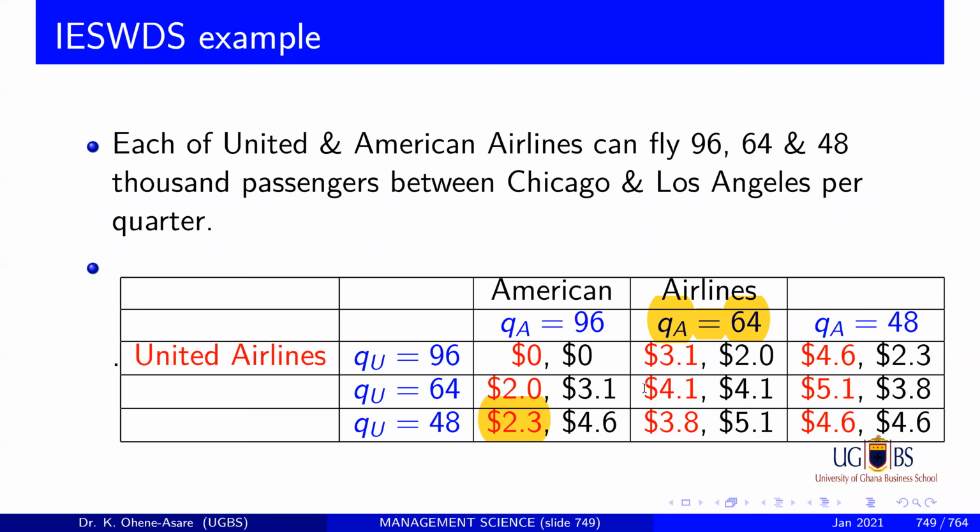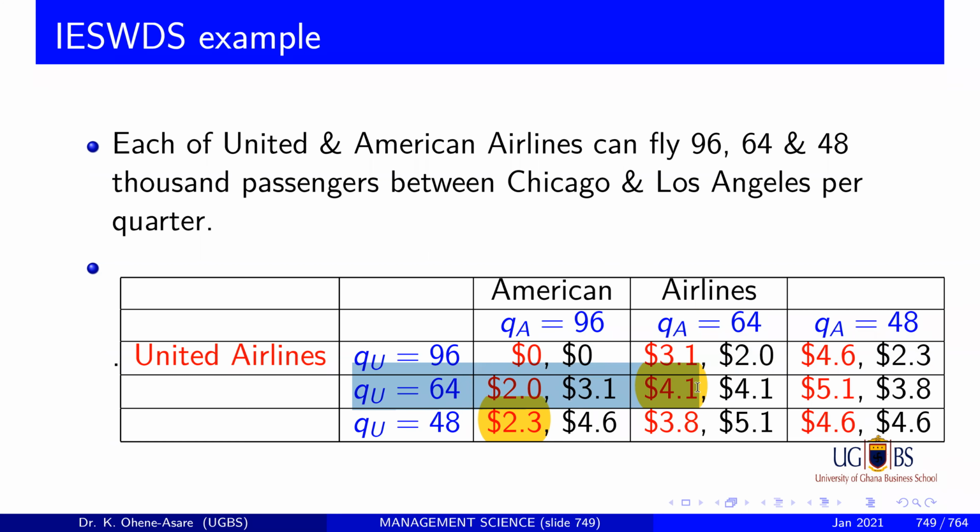So United will go for 4.1. That is what United will go for. It means that United is rather selecting strategy 64, because 4.1 is for this strategy 64.